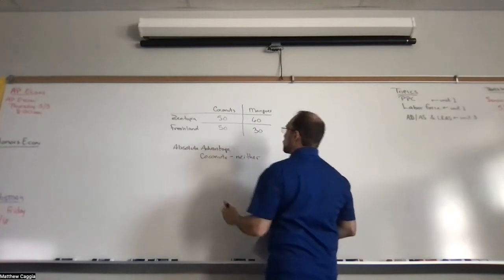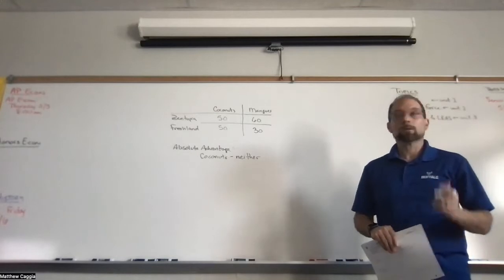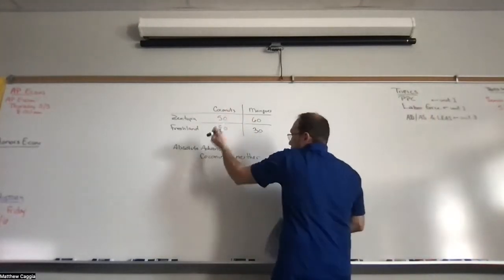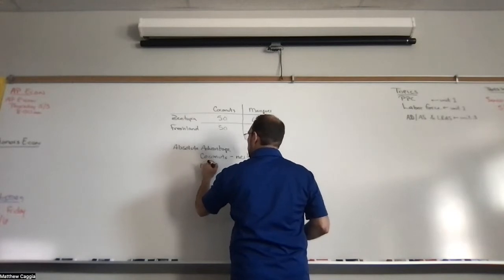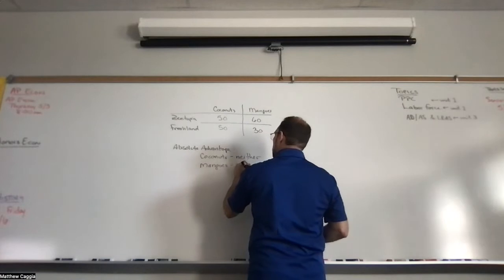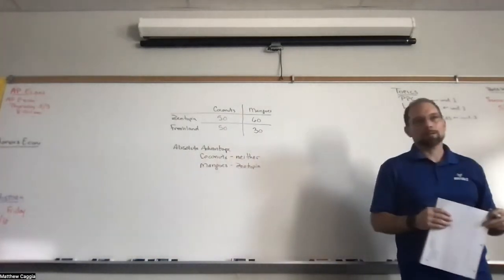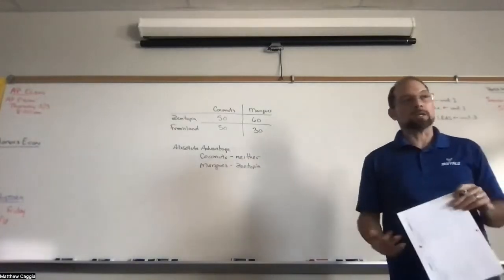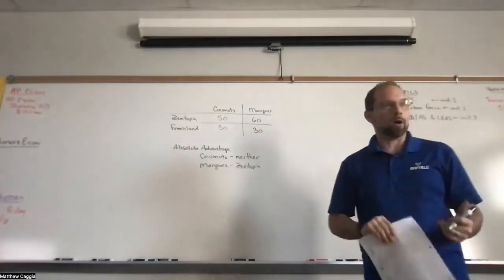But if they were to produce mangoes, who has the absolute advantage in mangoes? All right, Zootopia, because they can make absolutely more. Now that's neat to know, but that doesn't really help us. What we really need to focus on is the comparative advantage. Who can make more at a lower cost?